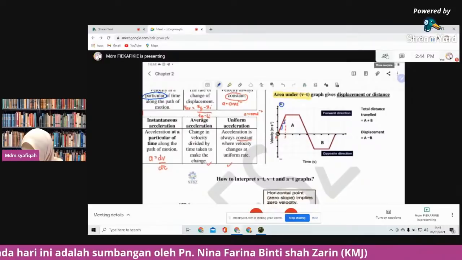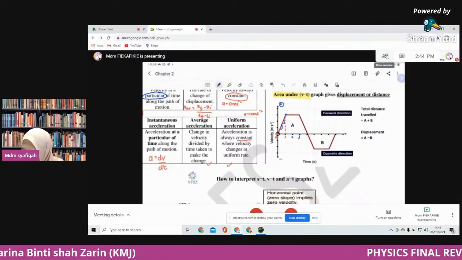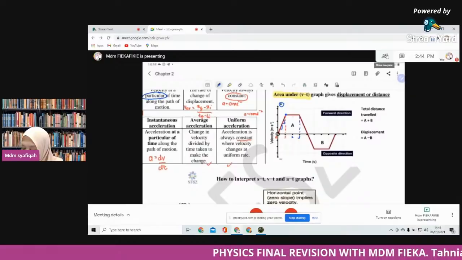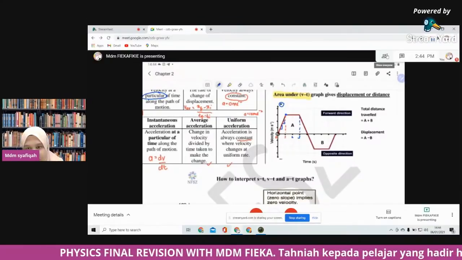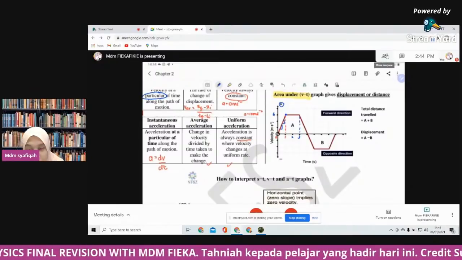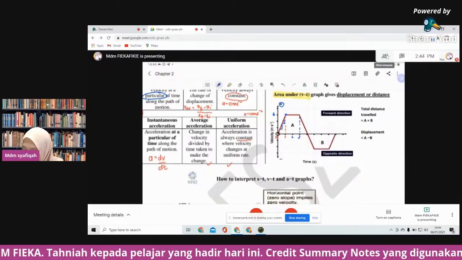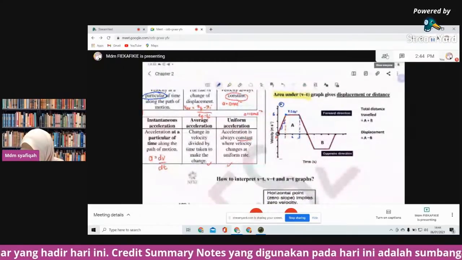And what happened after 1 second? Let's say we put here 1, 2, 3. So from 1 to 3 second, what happened to the car? The velocity of the car, let's say I put here 2, 4, 6. So 6 here. So from 1 to 3 second, what happened to the velocity of the car? The velocity of the car here, V here, is constant.